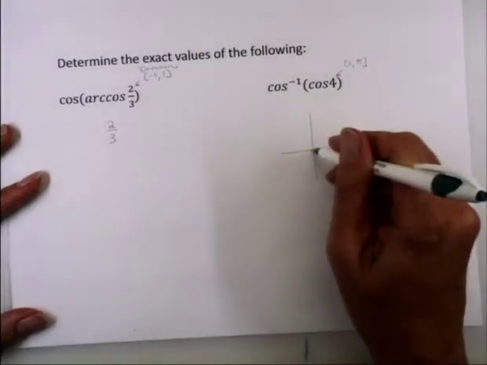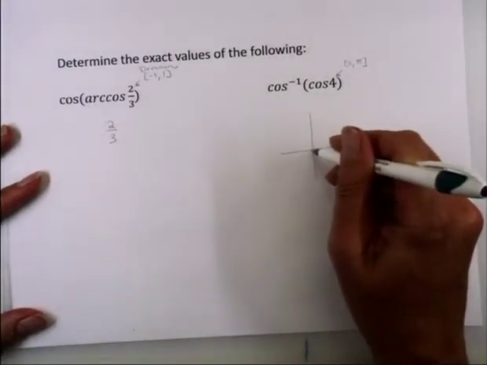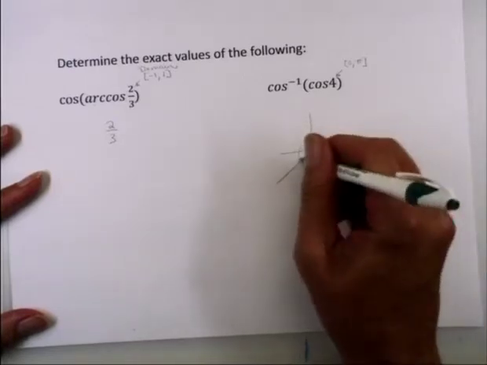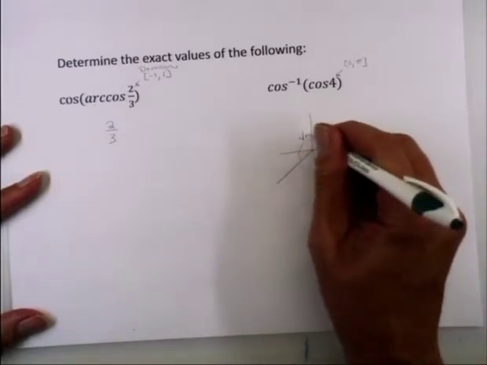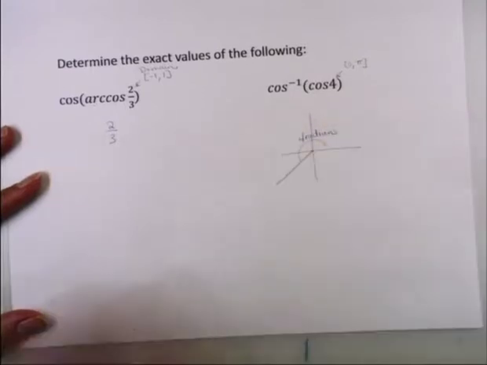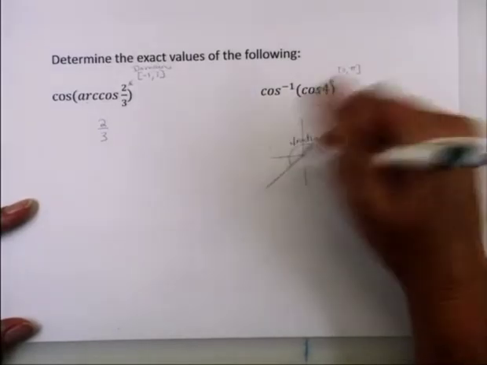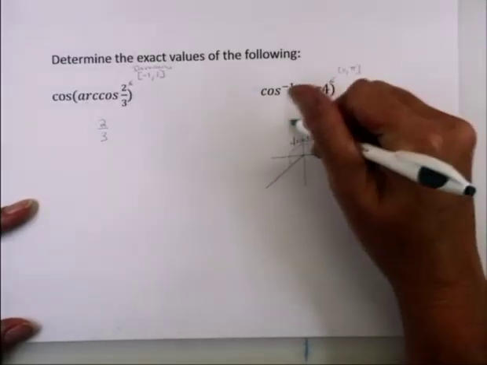So it's clear down here in quadrant 3, down here somewhere. So here's 4. This is 4 radians. Now, is it in my restricted domain? No. So I need to reflect this up into this quadrant. Let me draw a circle here.